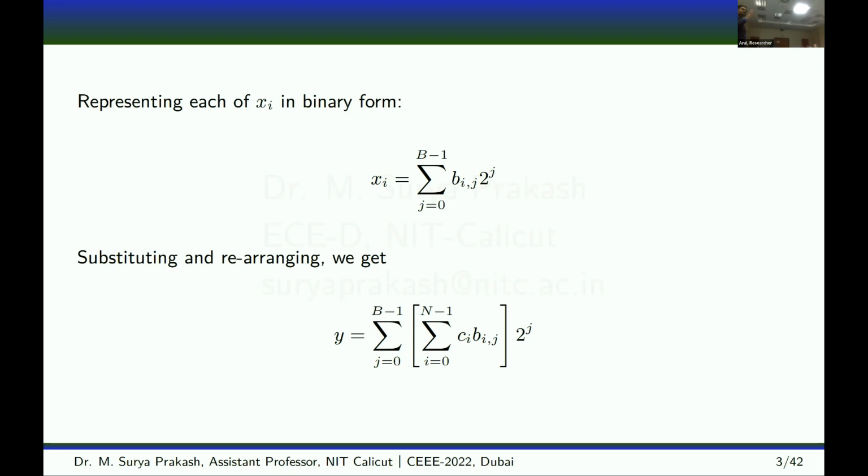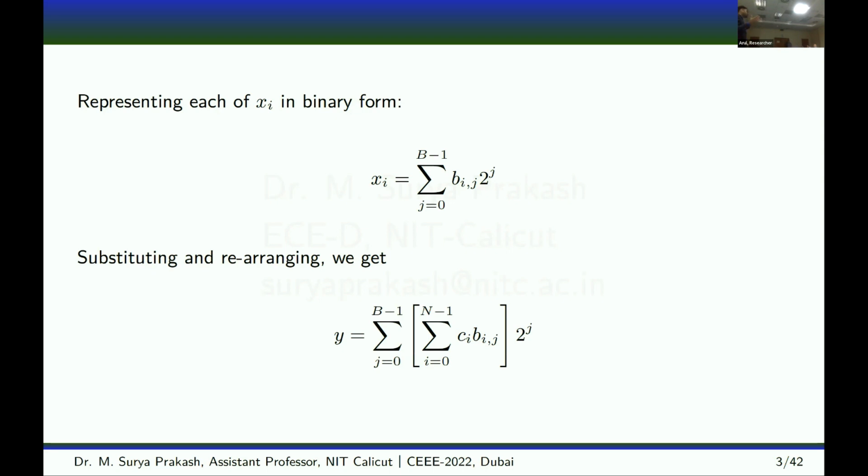If we are able to store the terms present inside the bracket, then just by shift and add operations we'll be able to compute the dot product. That's because anything multiplied with 2 power j is a shift operation.